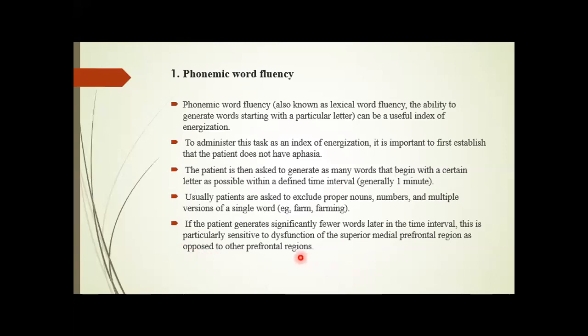Usually, the patients are asked to exclude proper nouns, numbers, and multiple versions of a single word, for example, farm or farming. If the patient generates significantly fewer words later in the time interval, this is particularly sensitive to dysfunction of the superior medial prefrontal region as opposed to the other prefrontal regions.